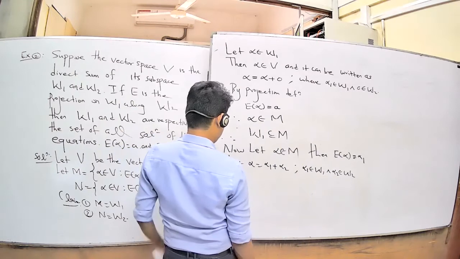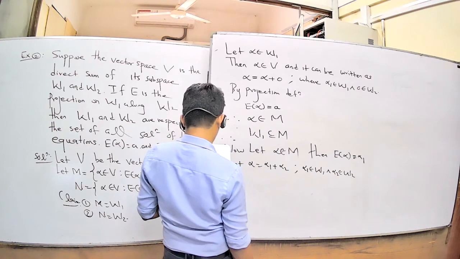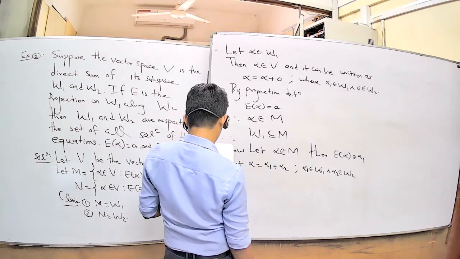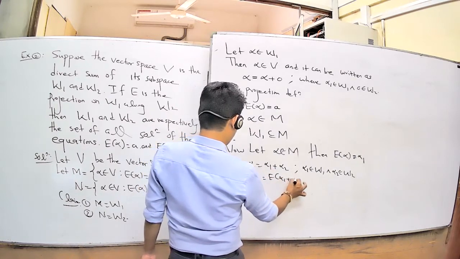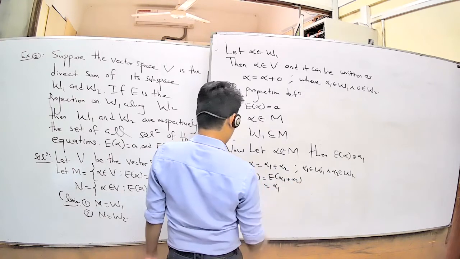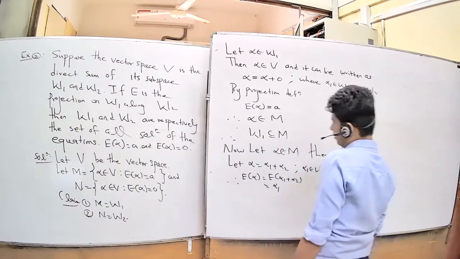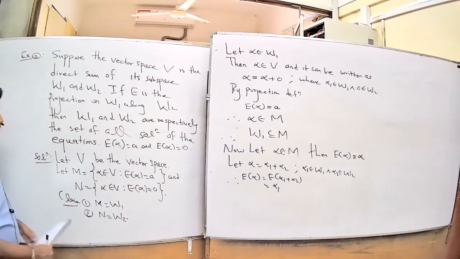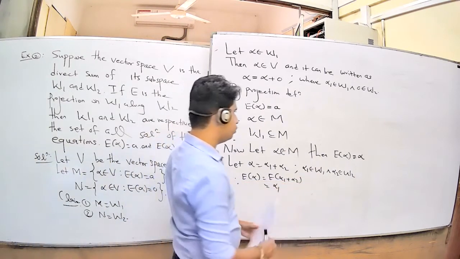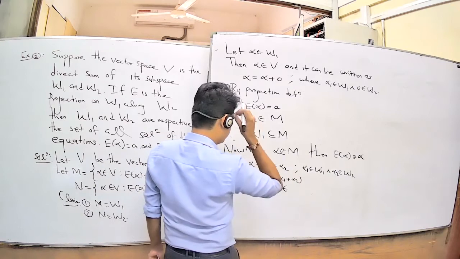Now we take this E alpha for this equation: E of alpha 1 plus alpha 2 is defined as alpha 1. Now here alpha belongs to M, so E alpha equals alpha, which equals alpha 1.